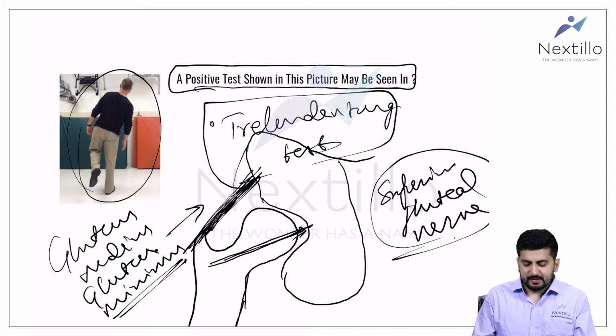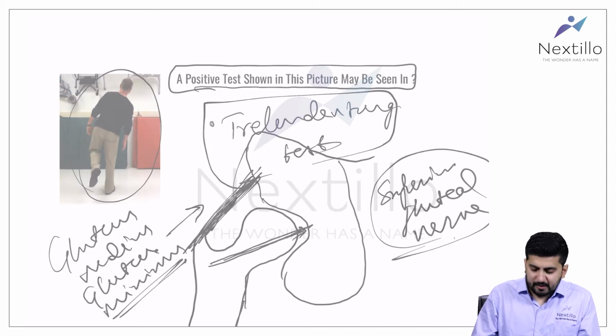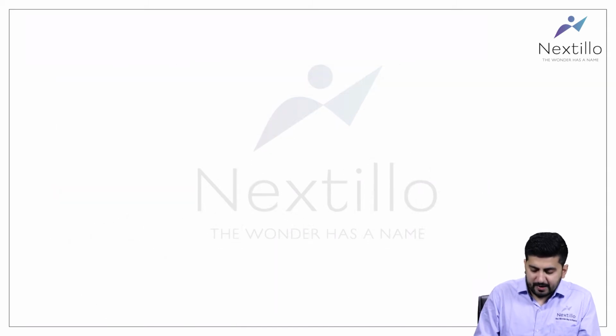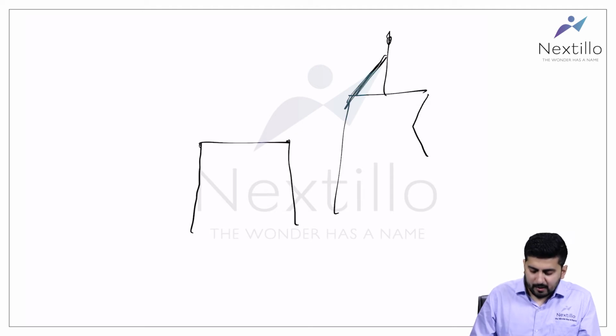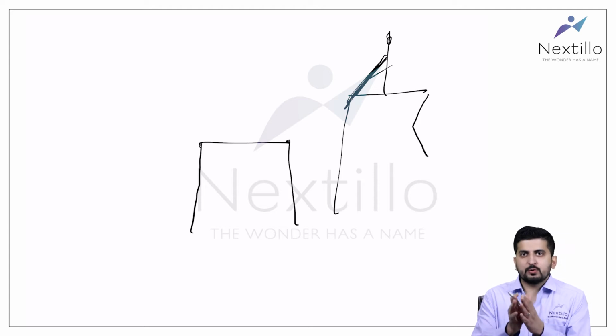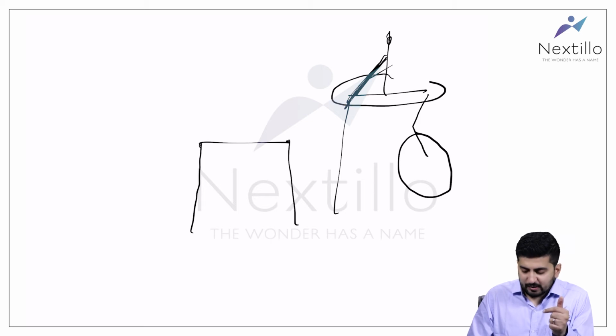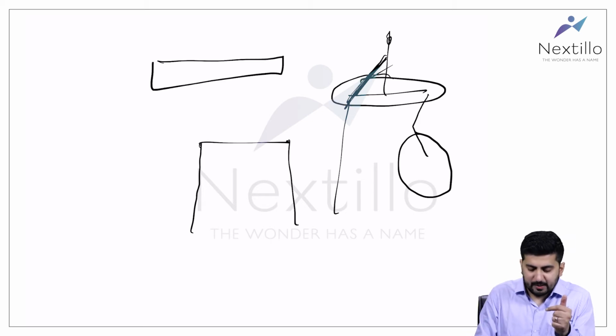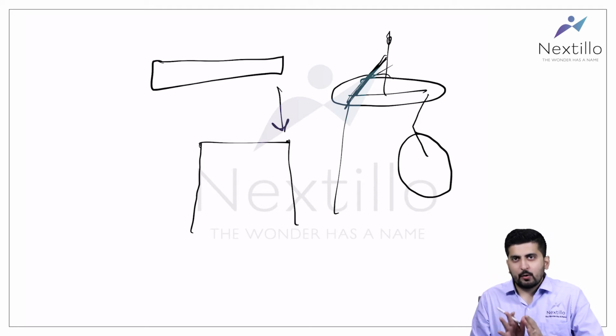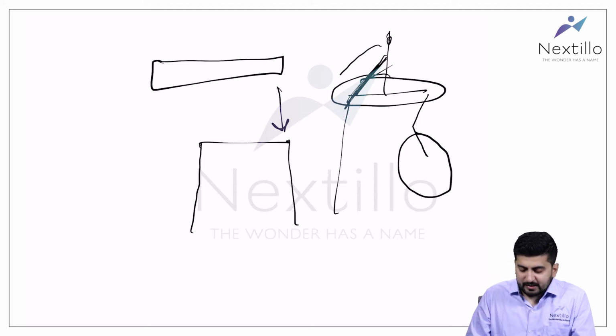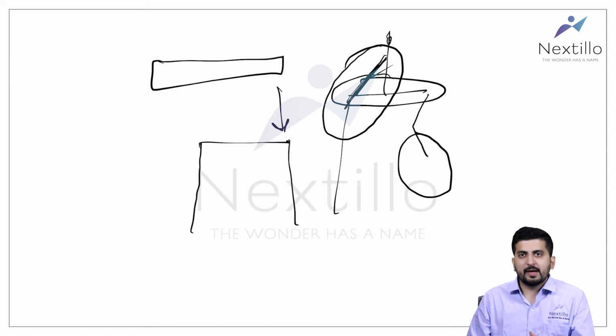Now, what happens is when the person tries to stand on one leg, and the other leg is raised off the floor, the pelvis remains square, that is, the pelvis does not droop on one side, and this is the normal mechanism which is helped by the abductors of the hip joint.